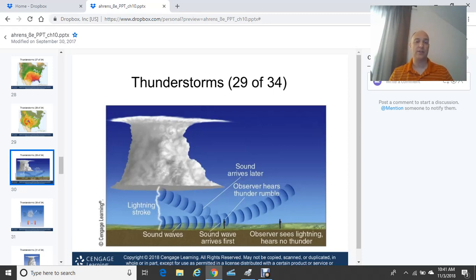Between lightning and thunder is about a 10-second window. Then you know that your lightning was about 2 miles away. So just remember that: for every mile, it's 5 seconds difference between seeing lightning and hearing thunder. Okay, and just realize that the speed of light is much faster than the speed of sound, and that's why you see lightning first, and then you hear the thunder later.